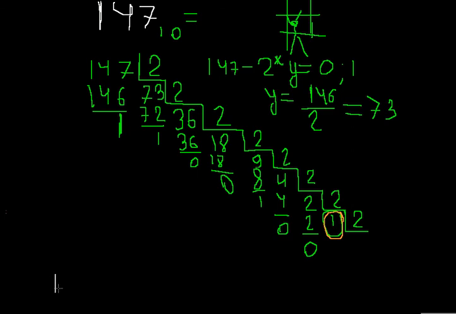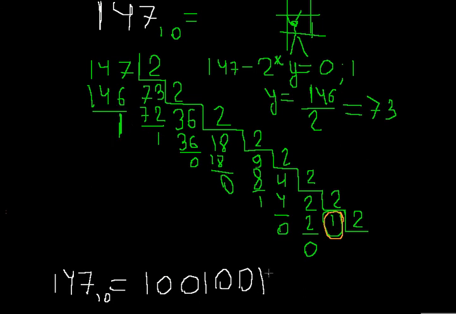Let's rewrite it again. 147 base 2 equals 1, 0, 0, 1, 0, 0, 1, 1.